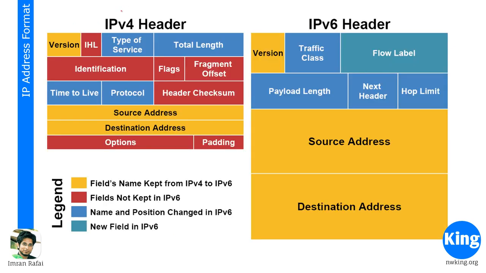All right, so let's take this opportunity to look at the IPv4 header and the IPv6 header. We did not have a chance to learn the IPv4 header, but let's look at the IP version 4 header first, and then we'll compare it with the IP version 6 header. This picture is something we got from the internet, and I think they have brilliantly summarized the difference between the 2 headers.